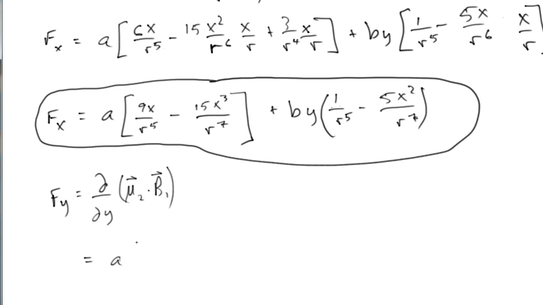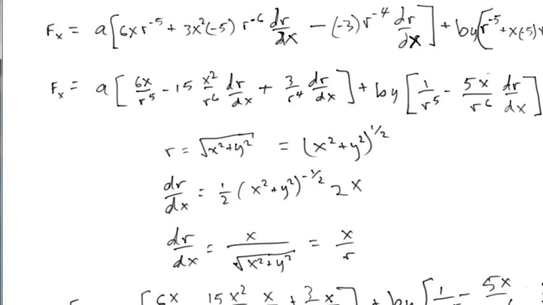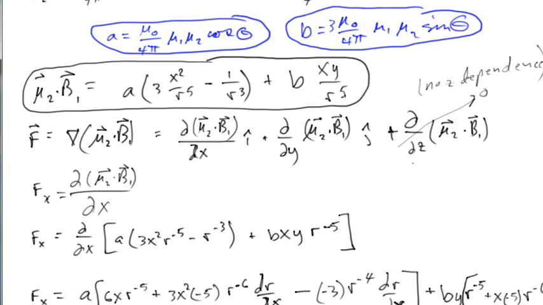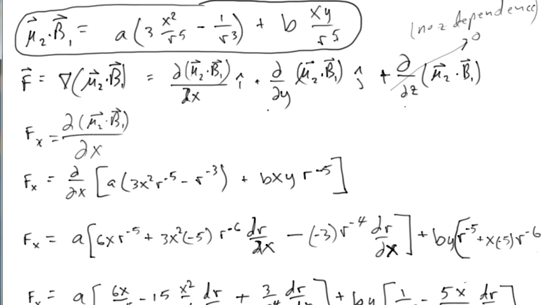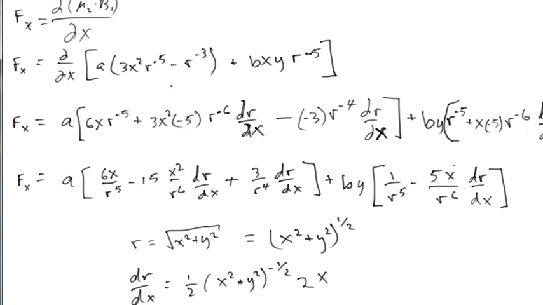A times, I think it was 3x squared something. Maybe I should look at where I had it in here. So, right there. Okay, I'm going to copy it down in this form right here, but put a d by dy in front of it, and it's going to be fy. Alright.